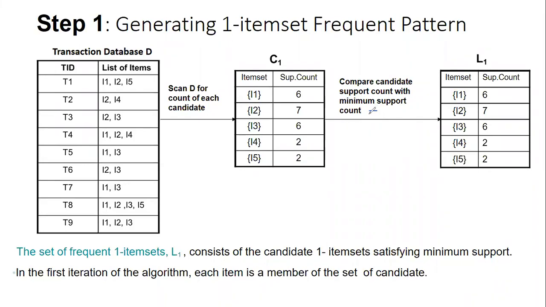Let us see if any candidate is less than 2. 6 is greater than 2, 7 is greater than 2, 6 is greater than 2, item 4 has 2, which is equal to 2, and item 5 also 2, equal to 2. So all items have the minimum support and all will become eligible for the frequent item set. L stands for frequent item set.